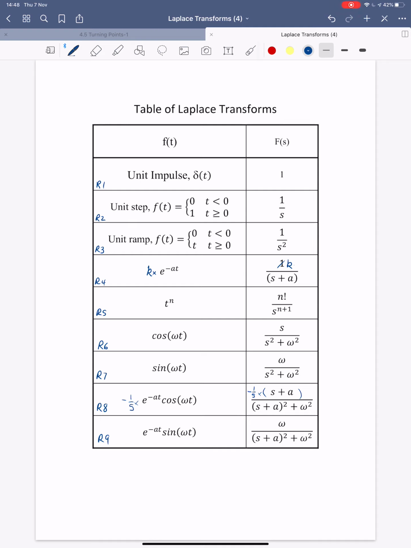The other part is 1/10 over s squared plus 1.